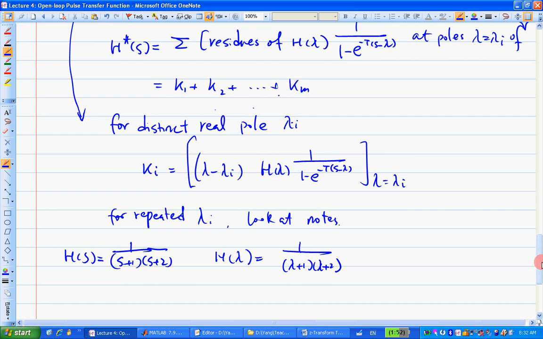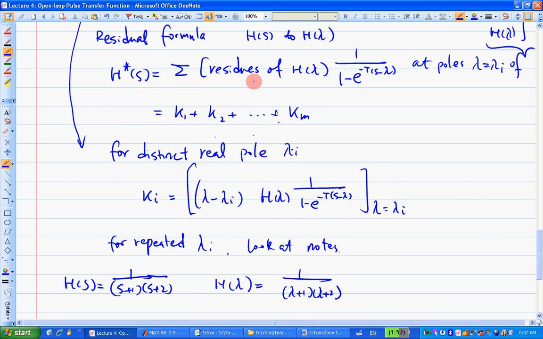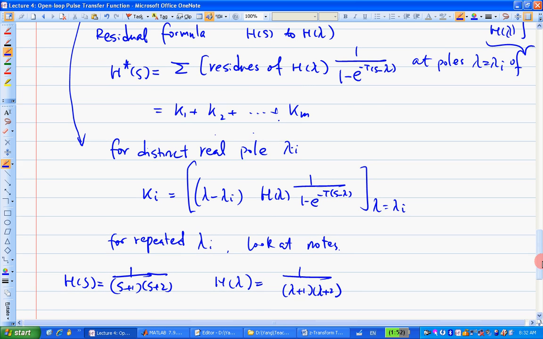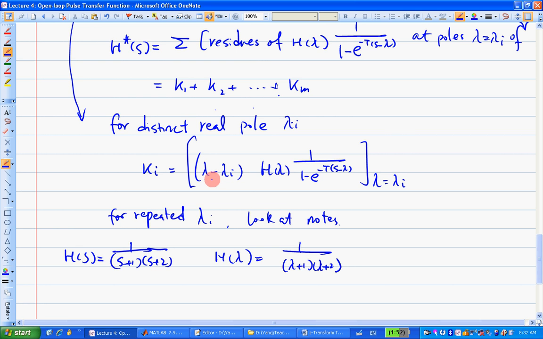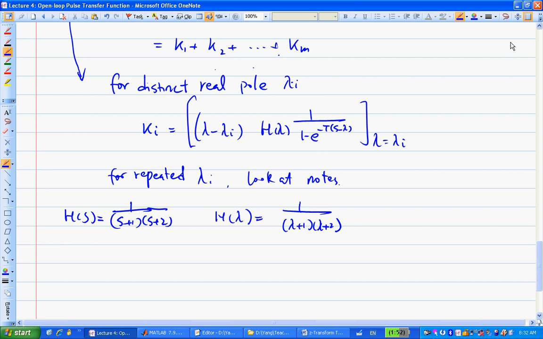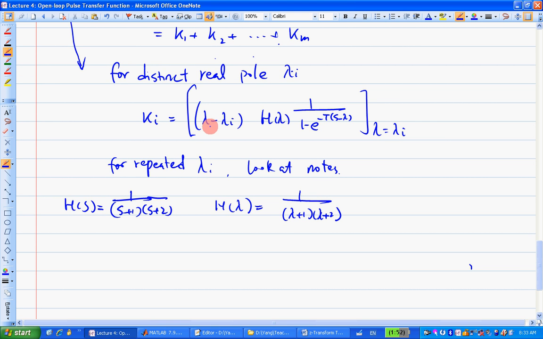So if I use my residual formula here, what we're going to do is basically this step here. We're going to try to find this expression here. That's lambda plus 1. Let's call this K1. K1 is the residual corresponding to the pole of lambda equal to -1.